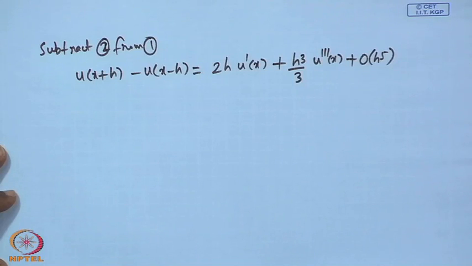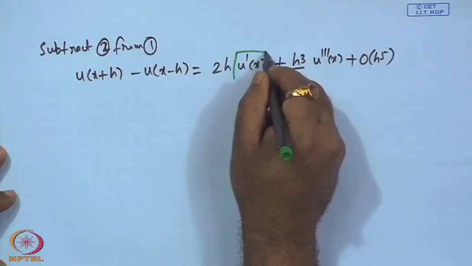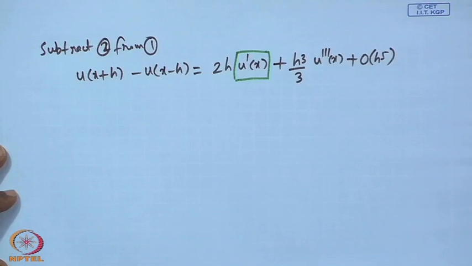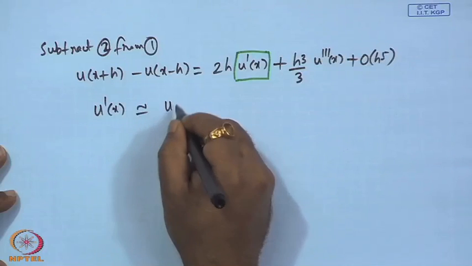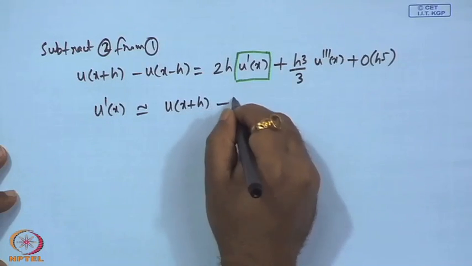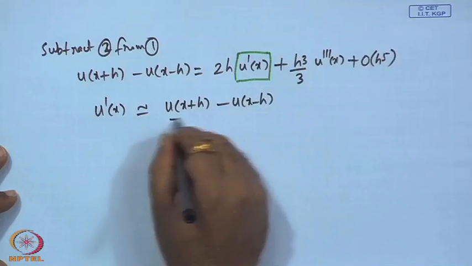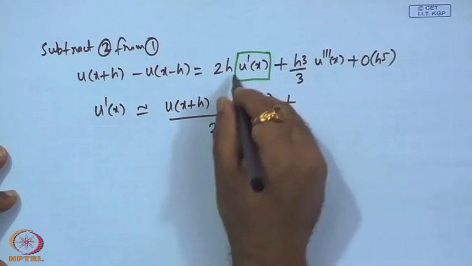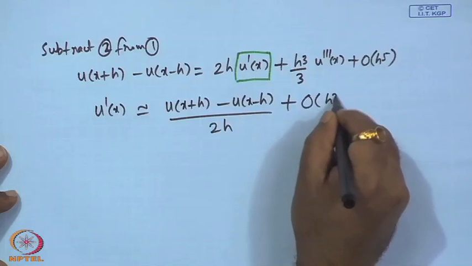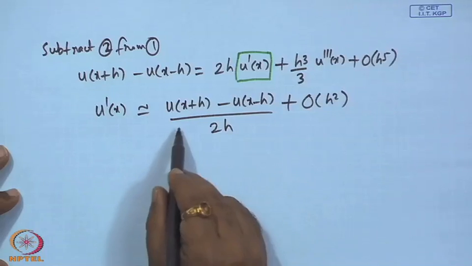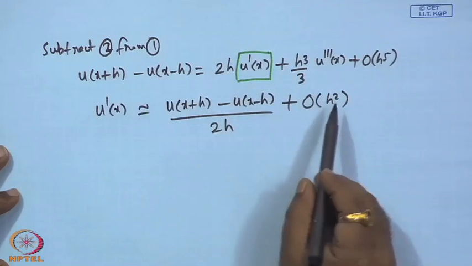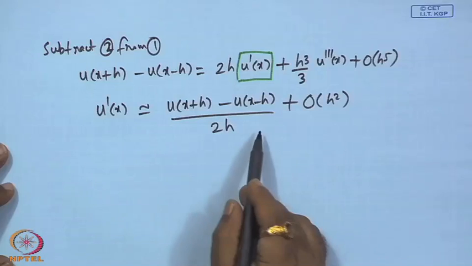Again from here we get an approximation for the first derivative. Since we divide by h, this is okay. So by adding we approximated the second derivative, and by subtracting we approximated the first derivative.